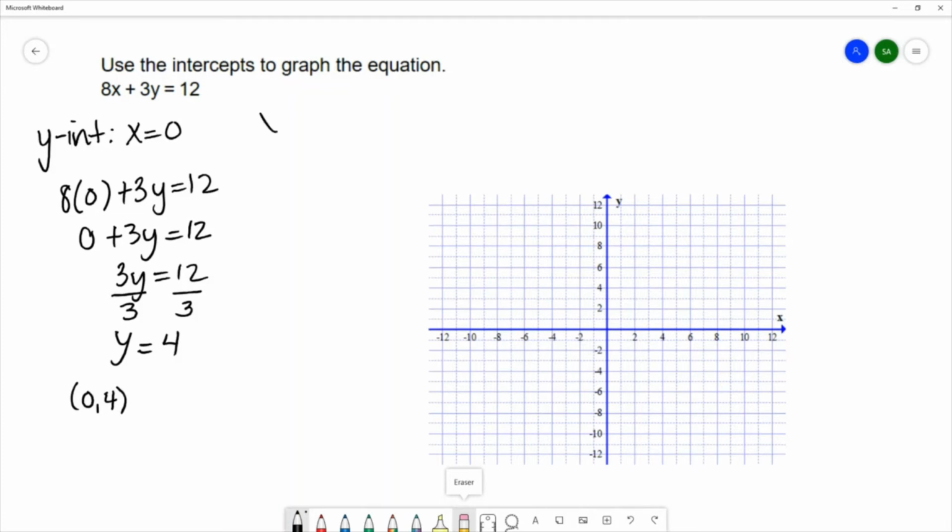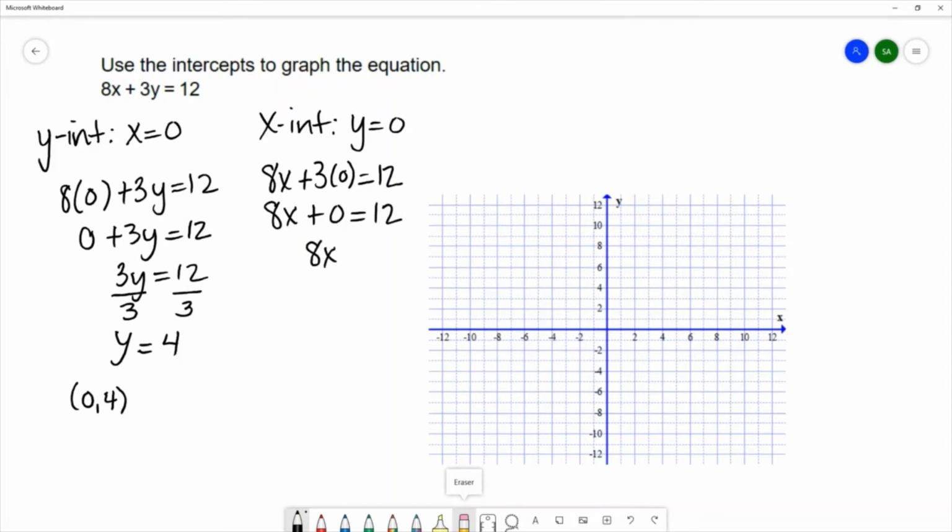Then I'll find the x-intercept by letting y equal 0. So I'll substitute a 0 in for y, giving me the equation 8x plus 3 times 0 equals 12. 3 times 0 is 0, and 8x plus 0 is 8x.